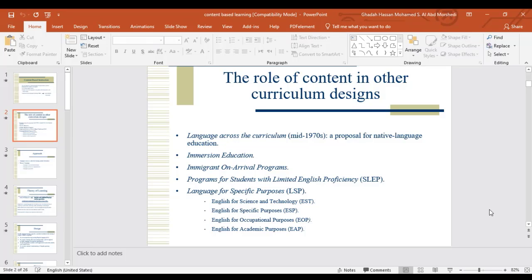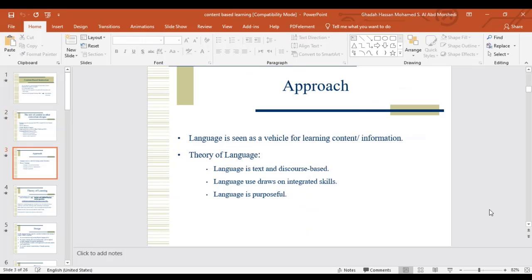So that is just the history of thinking about the content, teaching the language and the design of the curriculum. So the focus was on the first language, then immersion, then the migrants, then students with limited English proficiency, and then specific purposes, which can be for science, technology, occupation, academic purposes.